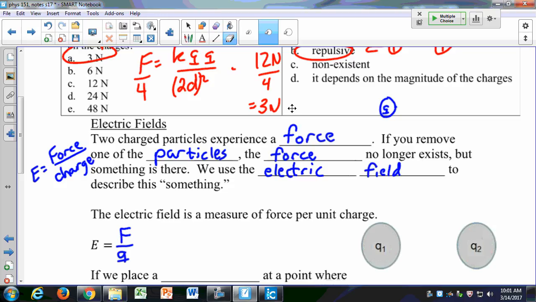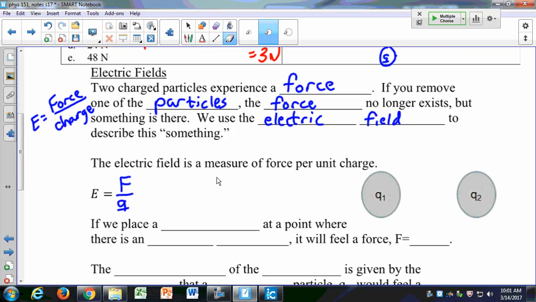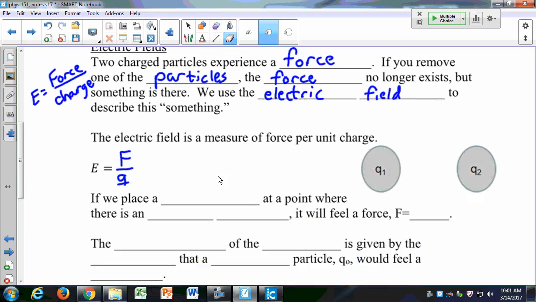We use the electric field to describe that. In a similar way, we use the gravitational field around the Earth to describe that something that's created by the mass of the Earth. But here, this something is created because of this charge, that I have this electric field surrounding this charge that we can actually calculate and measure.